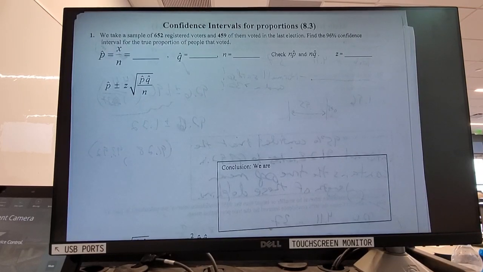All right, guys. If I remember correctly, the last time we developed this formula, if you haven't been to class in a while and you haven't watched the videos, none of this is going to make sense. But if you at least know about the x bar plus or minus z sigma over square root of n formula for confidence intervals, this has the same form, yes?